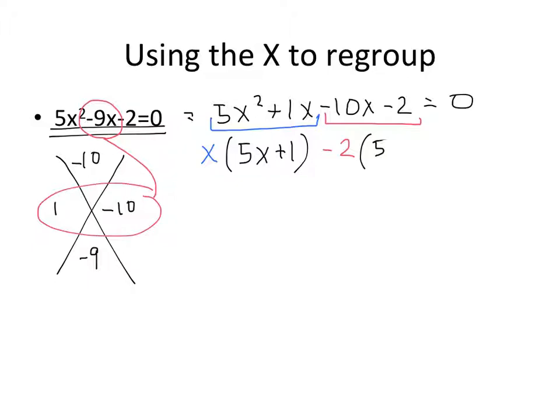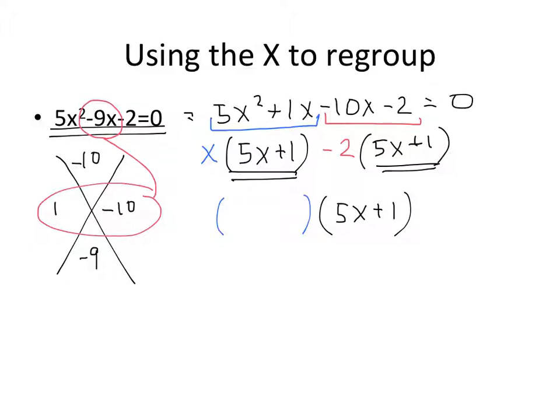Negative 2 times 5x is negative 10x, and negative 2 times positive 1 would work. Here I want you to notice that these two terms right here are the same. That means we can take it and factor it out and group it together as 5x plus 1. And then take the other bit and put it together, x minus 2. As a result, this is our factored form.